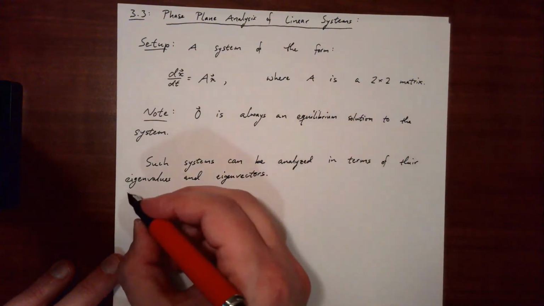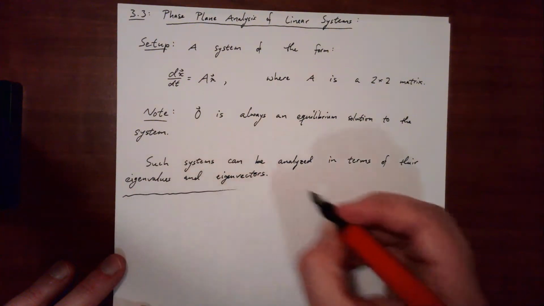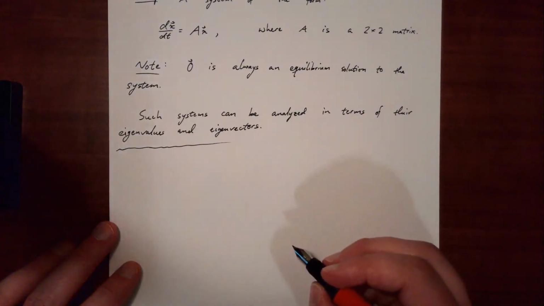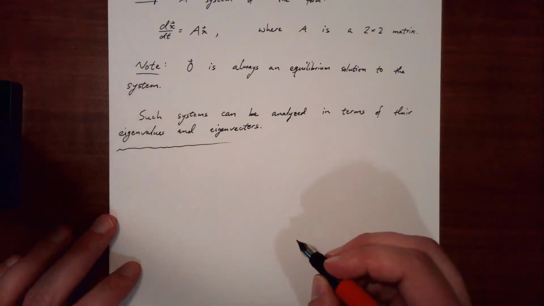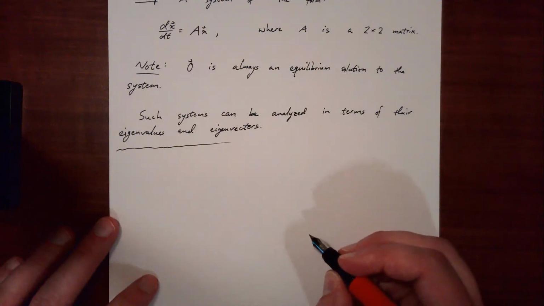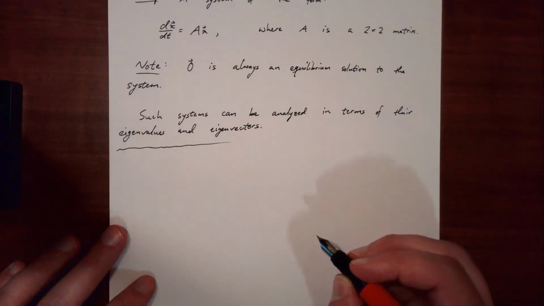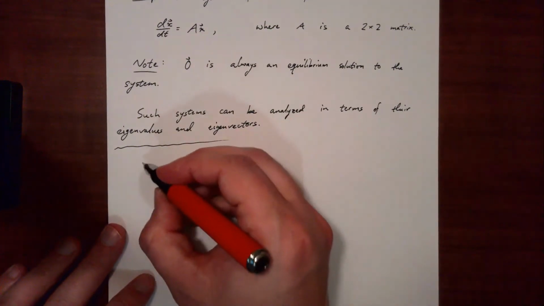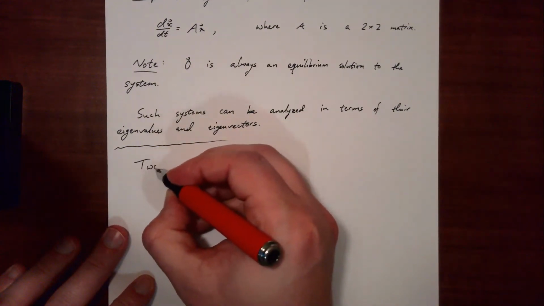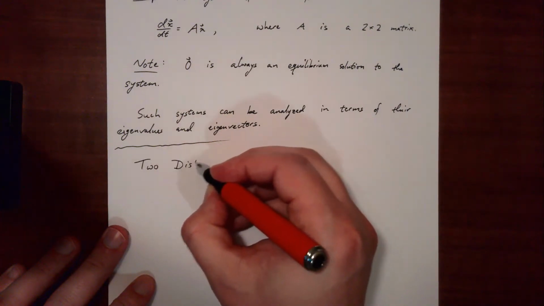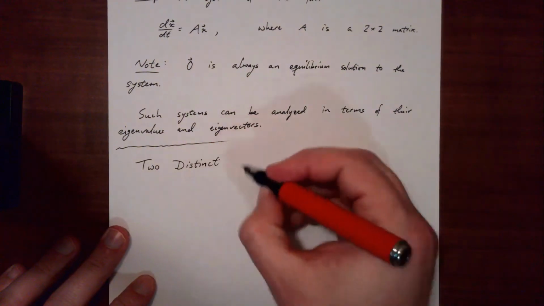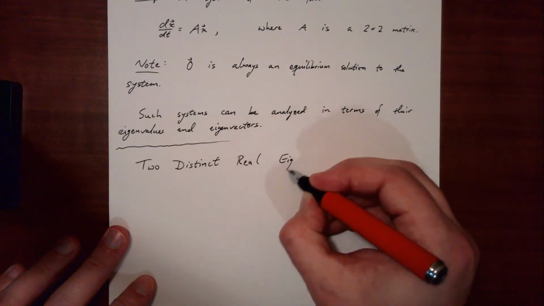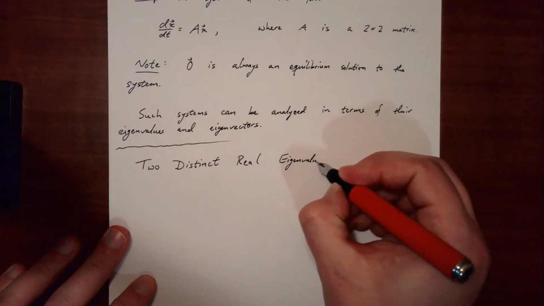Now, in the next couple of sections, we will explore the more exotic types of things that can happen with eigenvalues and eigenvectors, namely complex or repeated eigenvalues and eigenvectors. But for now, we're going to focus primarily on the case of two distinct real eigenvalues.